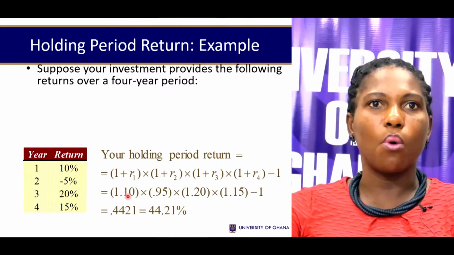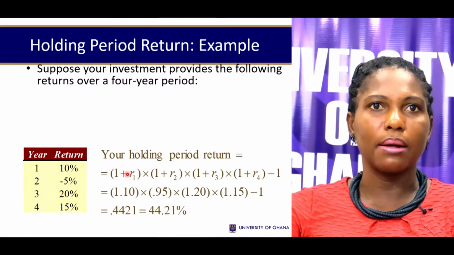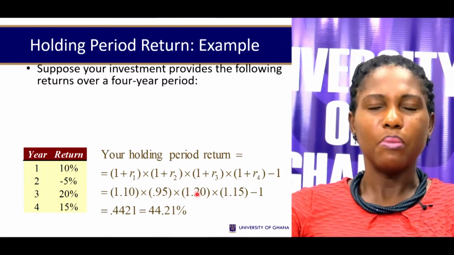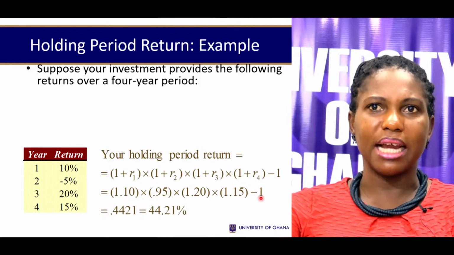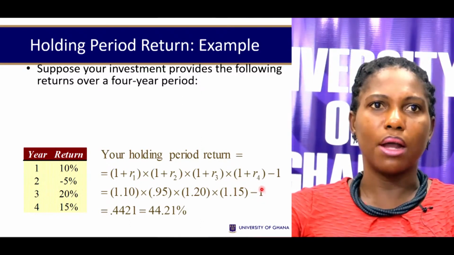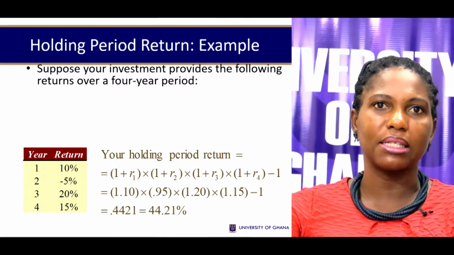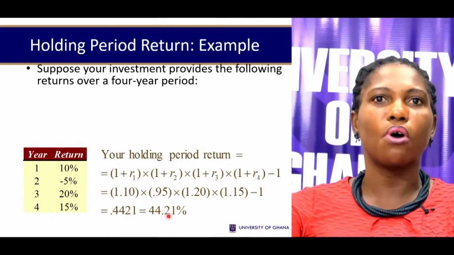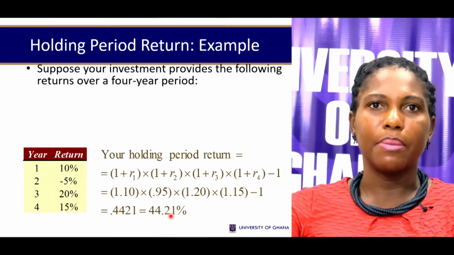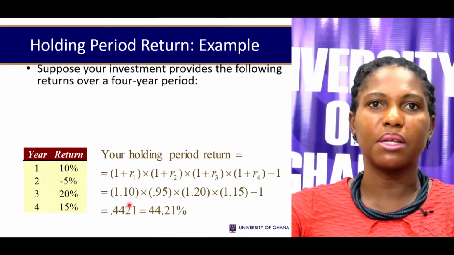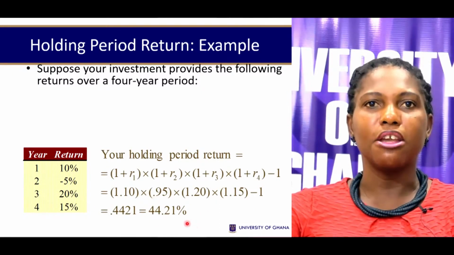So then we have our 1.1, which is usually our 1 plus our 0.1, which is the 10%. And once we do the product of that and we take out the 1, which is our principal, it means the return after principal has been adjusted for is 44.21%.